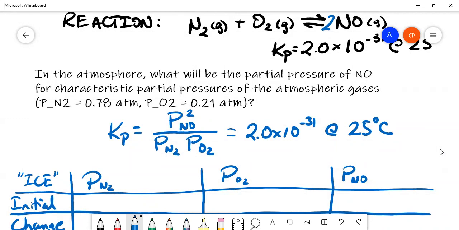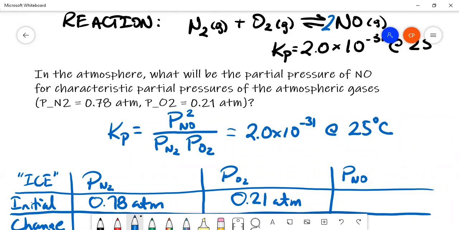What's my initial pressure for N2? 0.78 atmospheres. And my initial pressure for O2 is 0.21 atmospheres, and my initial pressure for NO is.